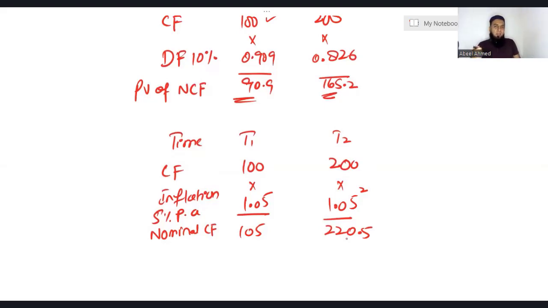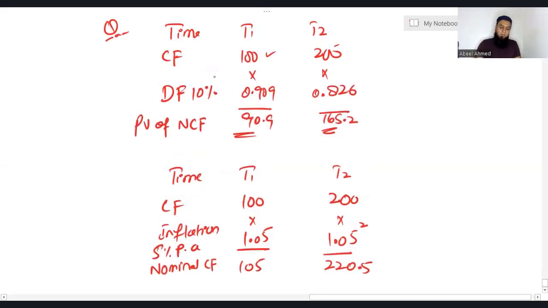we need a cost of capital that is in nominal terms. It means this 10% is actually a real cost of capital, because I took the same cash flows, 100 and 200, which are real cash flows, and incorporated inflation into them. After incorporating the inflation, they have become nominal. So let's incorporate 5% inflation into this 10% discount factor to make it nominal.